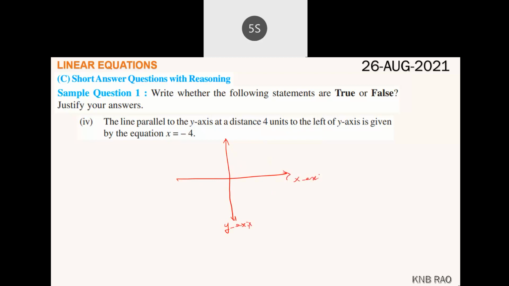A line parallel to the y-axis on the left side is x equals -4, since it is at a distance of 4 units. So it's true. Okay, you know how to identify. Clear? Then moving on to the next question.